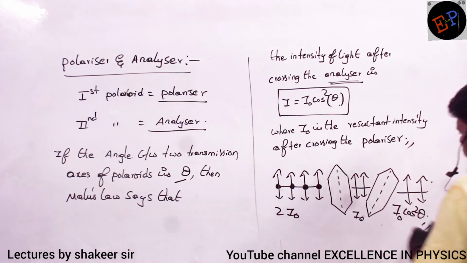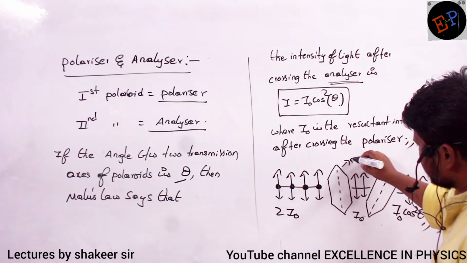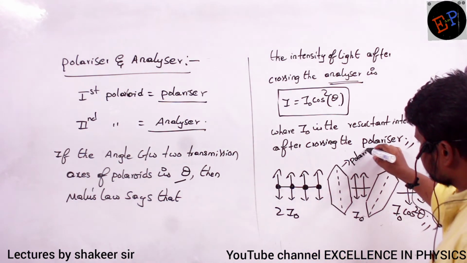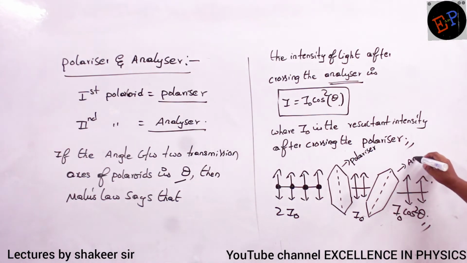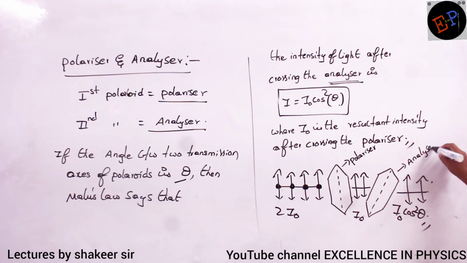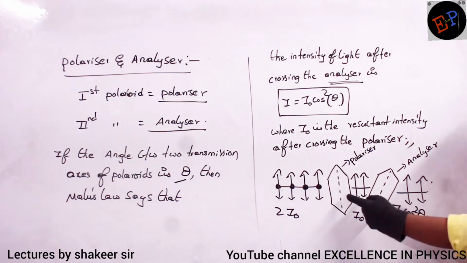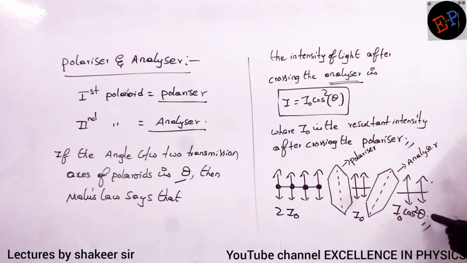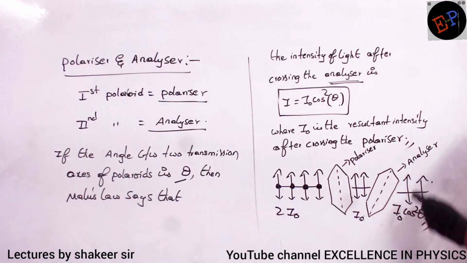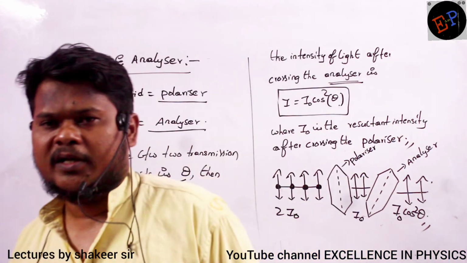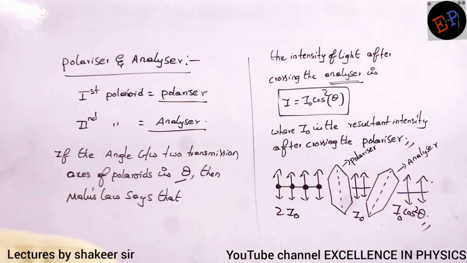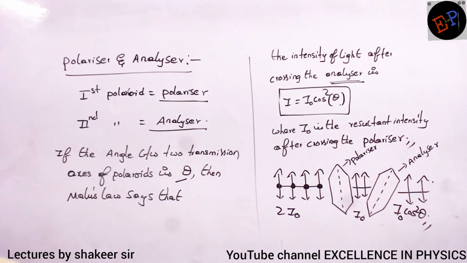This is called the polarizer, and this second Polaroid is called the analyzer. So the angle between the transmission axes is theta. Then the resultant intensity after crossing the analyzer is, this is the answer, I naught cos square theta. Understood, no? Many times questions were given on this, so try to understand carefully.